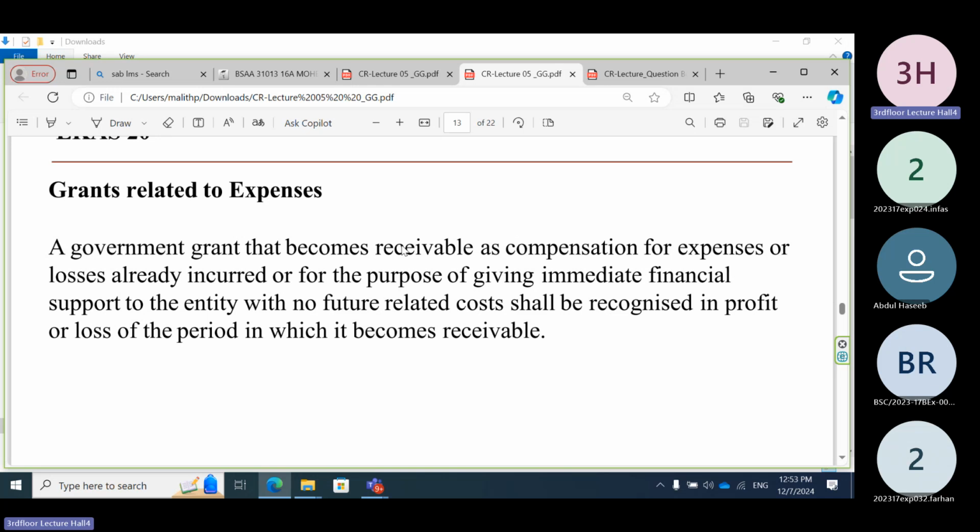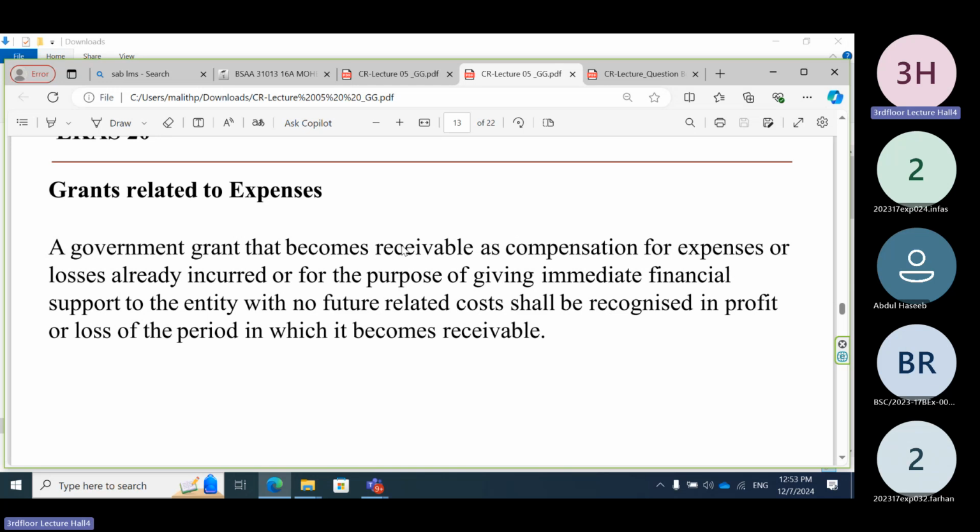No future related cost. If you don't have future related cost, then you can recognize that today. That may be a kind of cost reimbursement. Nearby your factory, you have a drain system.